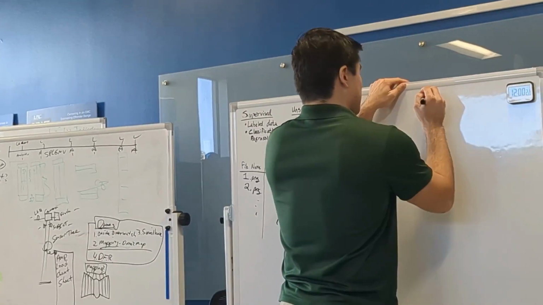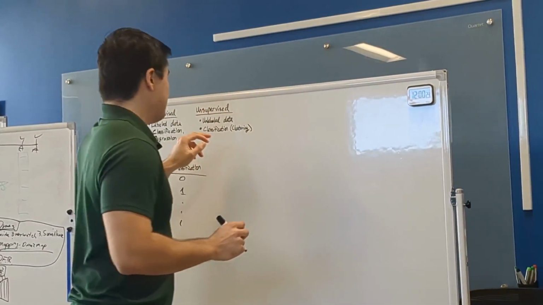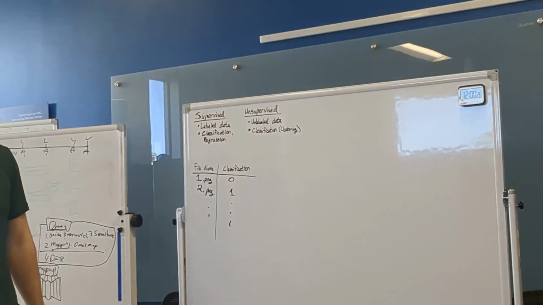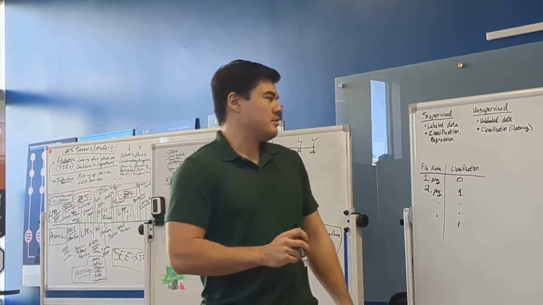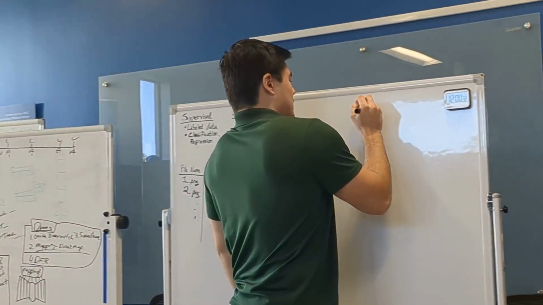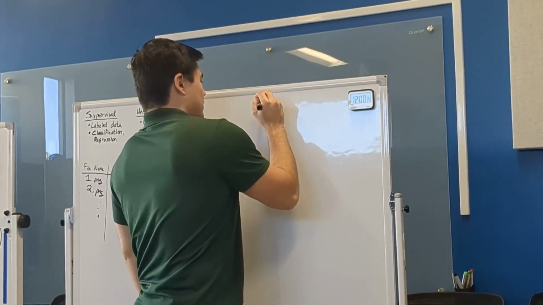What you do is, let's say for an unsupervised learning problem, we're going to try and graph out factors that influence housing prices.